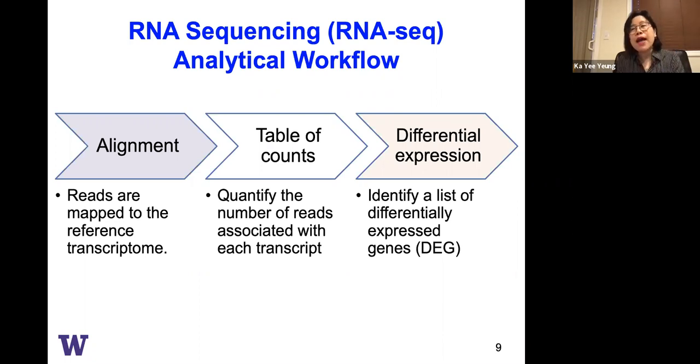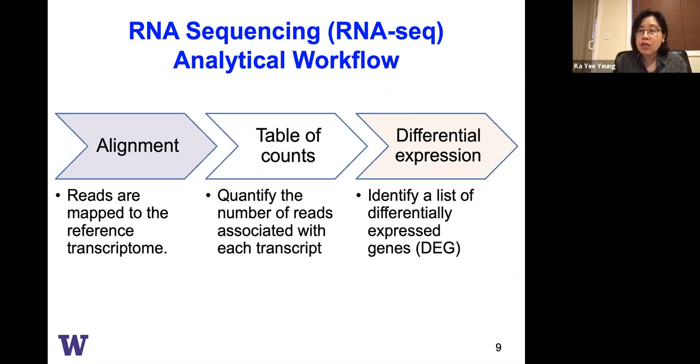Then we might have another 3 experiments that profile the activity levels of transcripts in a diseased state of patients. So we would think of it as a table with 6 columns, 3 normal and 3 diseased, and 20,000 rows, one for each of the transcripts in human. The next step is differential expression.